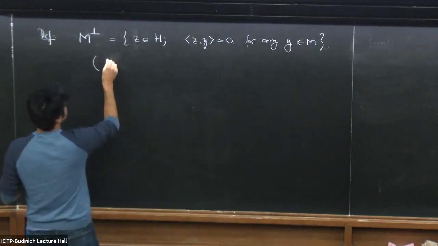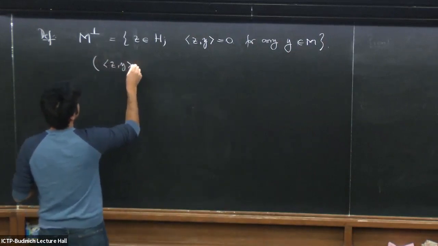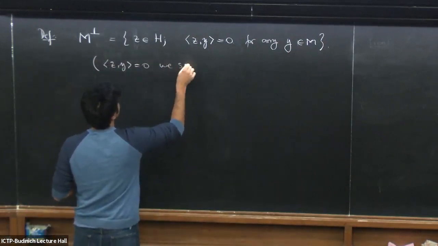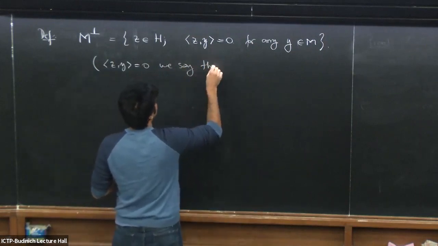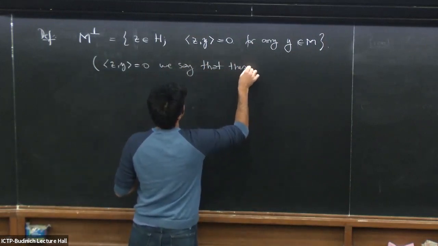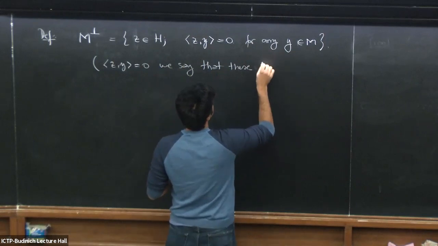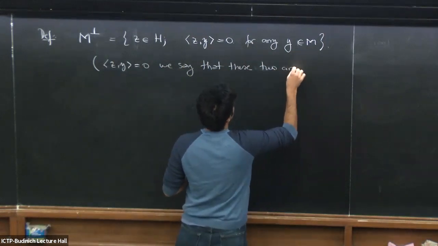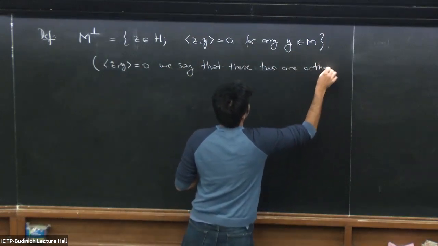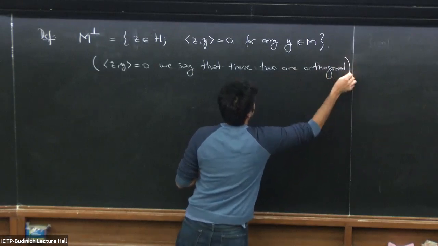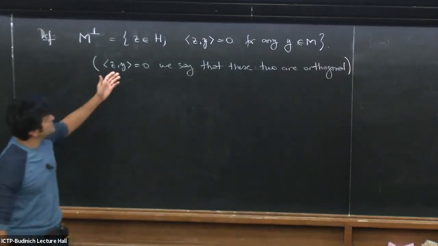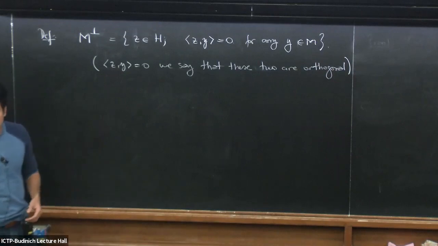Okay, so just note, when you have inner product of two guys being 0, we say that these two elements are orthogonal. We say that two elements are orthogonal when their inner product is 0.